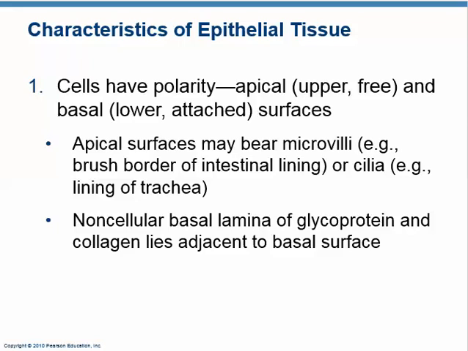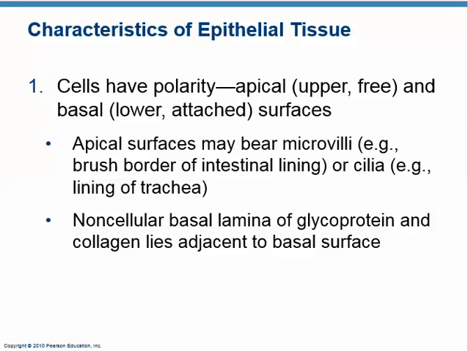If you think of a tabletop, like a desktop in one of the rooms at the college, the formica of that is epithelium. The particle board of it is connective tissue, and the basal lamina is the glue, the contact cement that holds the two of them together.